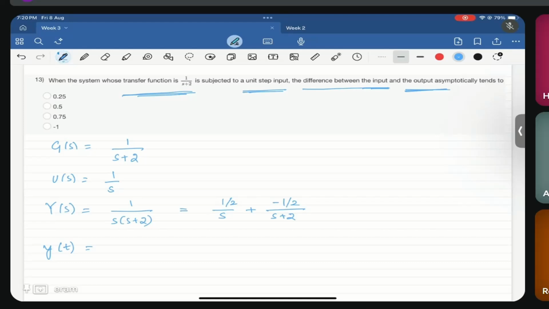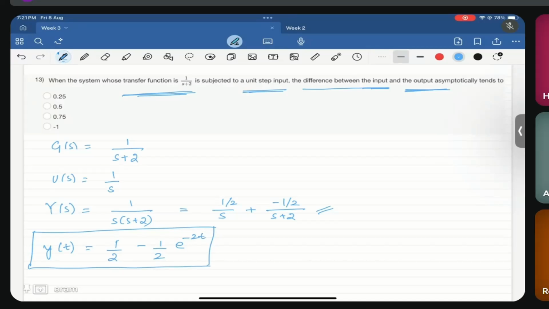Is it correct? Yes, ma'am. Okay, so this is Y of s, then y of t will be very simple, 1 by 2 minus 1 by 2 e to the power minus 2t. So this is the step response of this system.